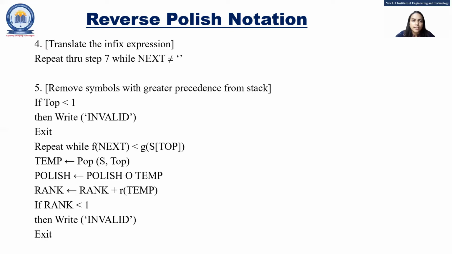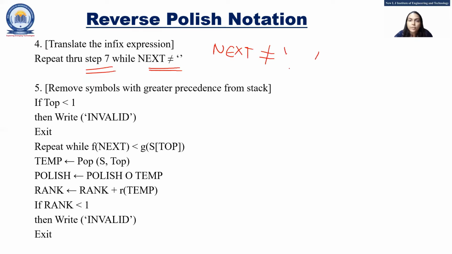Now students, let us go to step number 4. We have to repeat till step 7 till next is not equal to null. When we get the next, not null, basically it is blank. So when the next is not equal to blank, we have to keep on repeating 5, 6 and 7.